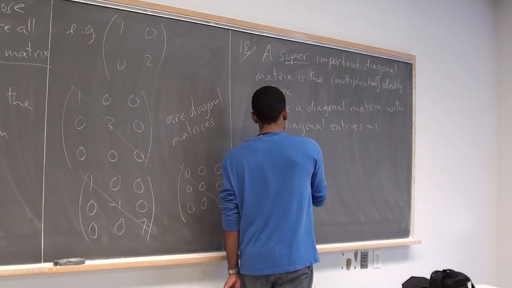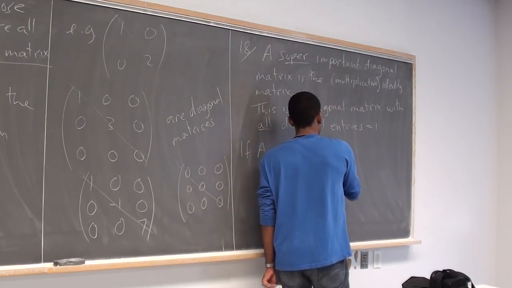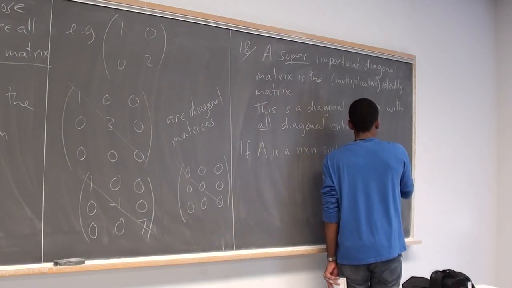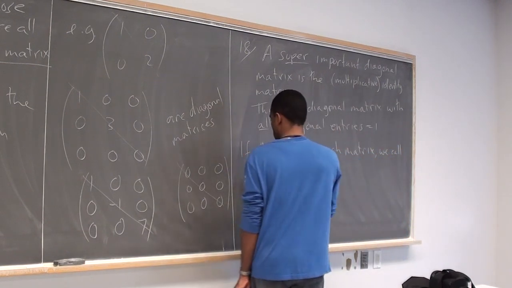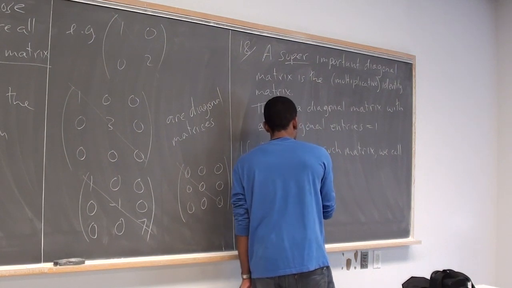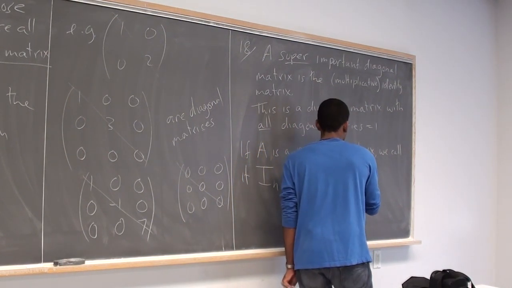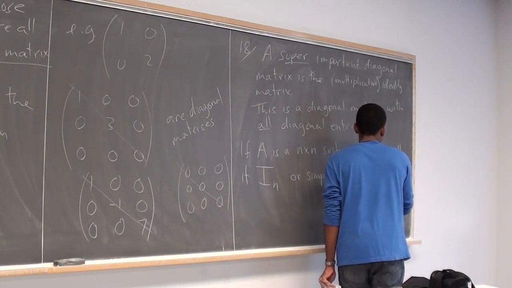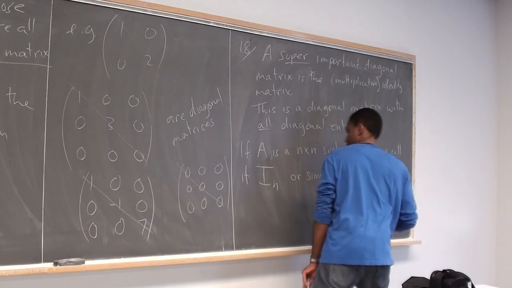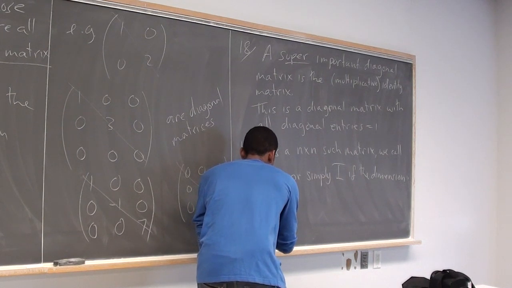If it is an n by n such matrix, we call it I_n, or simply I if the dimension is known. N by n? N by n, yes.